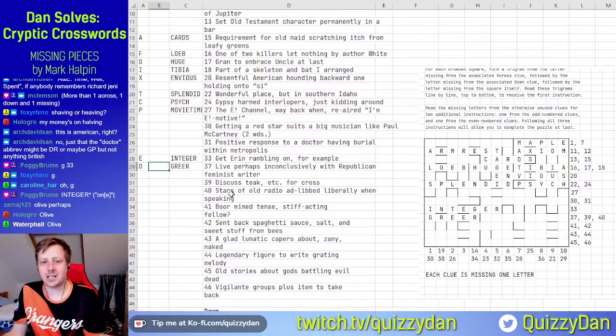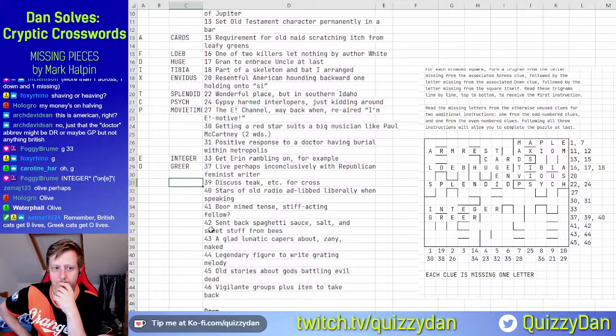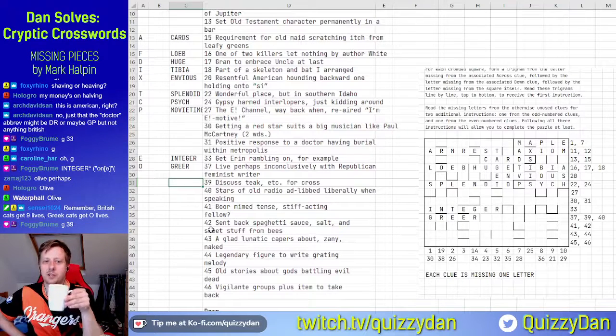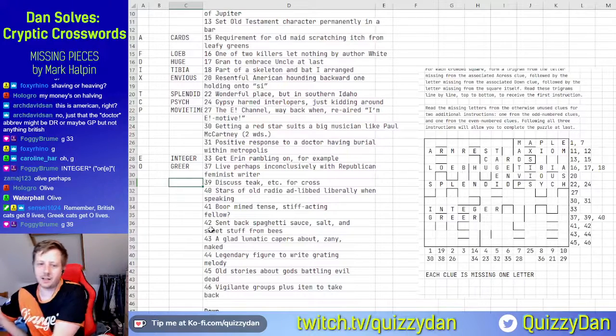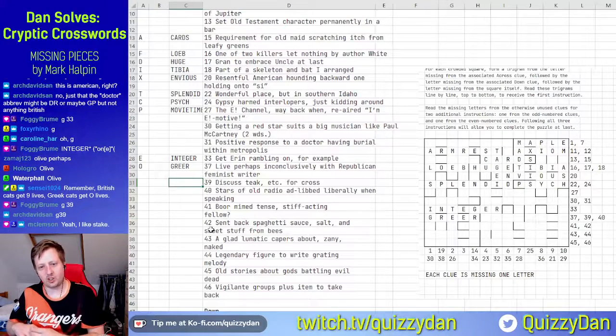39. Discuss teak, etc. for cross. I think it's going to be steak. It could be across instead of cross, but steak is my guess. Oh, that's good, Sensei. Discuss teak or steak.